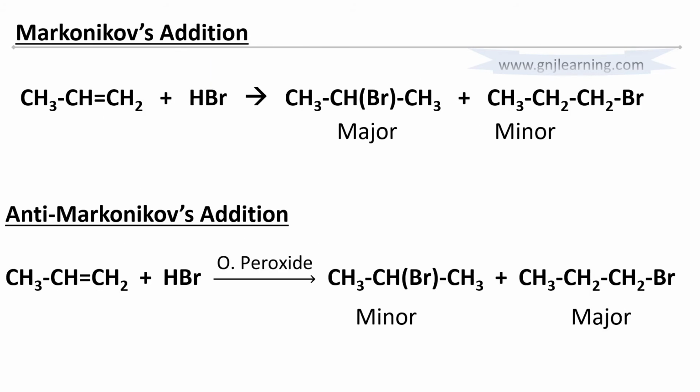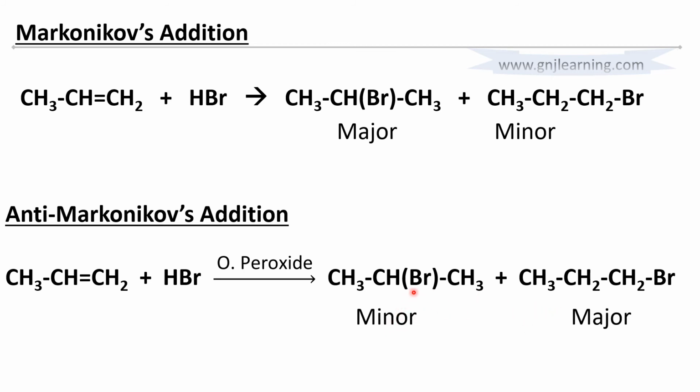So we have Markovnikov addition. In Markovnikov addition, we are just adding HBr, and you get the product as mentioned in the previous slide. The major product will be 2-bromopropane and the minor will be 1-bromopropane. Whereas in anti-Markovnikov addition, the minor and major are interchanged.